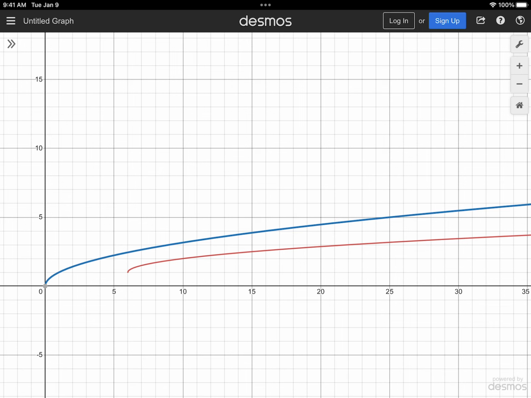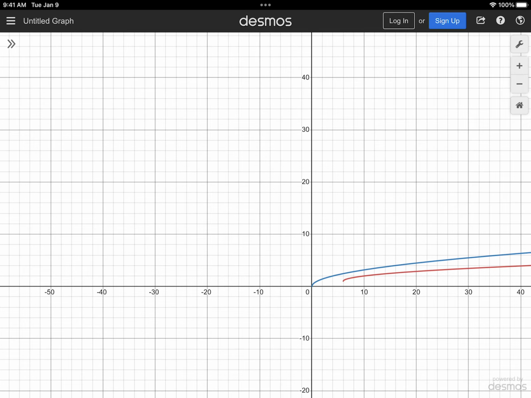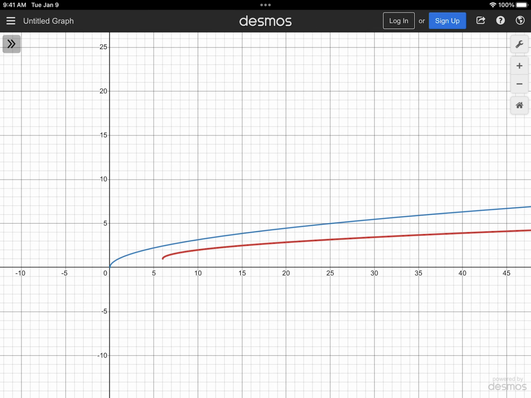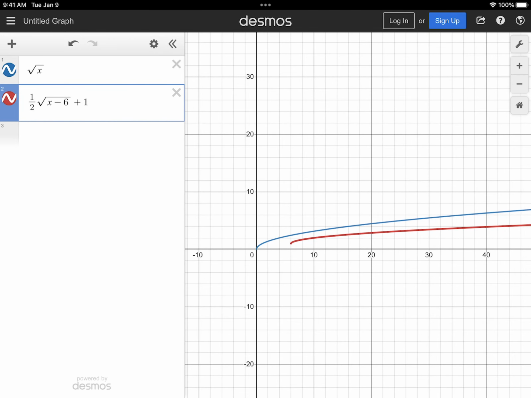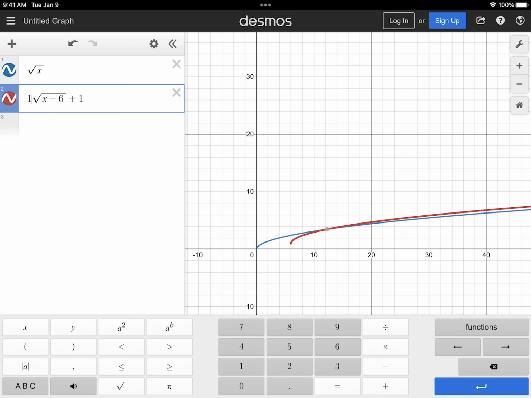Well, that's because there are other factors in play here. There's a vertical compression going on, right? And that's what is causing this thing to be closer to the x-axis than it would be normally. Let's see what would happen if we got rid of the vertical compression.